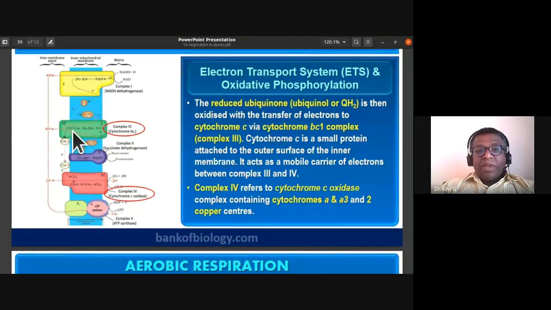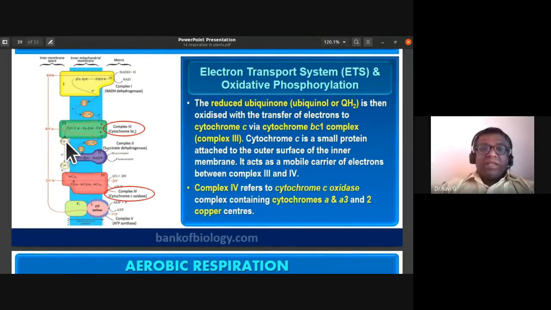So that is what cytochrome C acts as. It provides the electrons from complex 3 to complex 4.